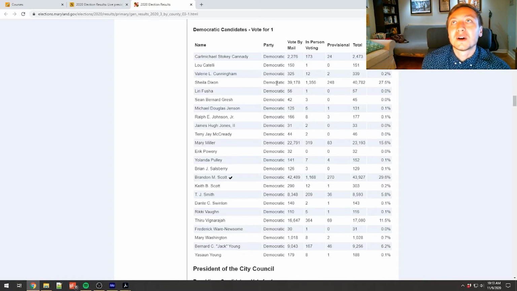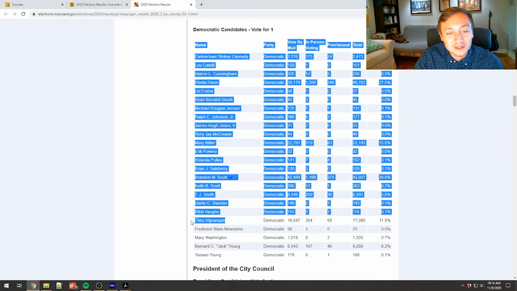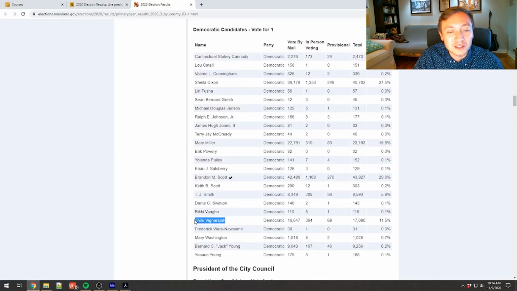Going back to some of our modules where we were thinking about the sophistication of the American public, in these local races where not billions of dollars are being spent, but maybe thousands, is it really safe to assume that these voters understand that there is an ideological spectrum within this single Democratic Party primary that separates some of these candidates? Thiru Vignarajah has a much more law and order perspective on the issues than, say, Sheila Dixon or somebody. Do they know the name of this person and the fact that they also used to be the mayor?